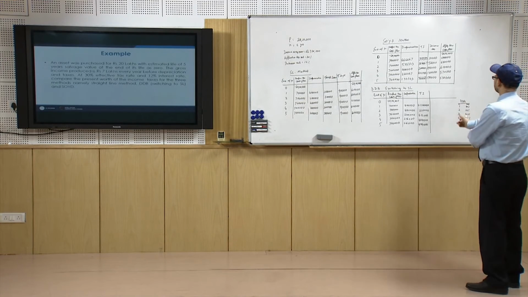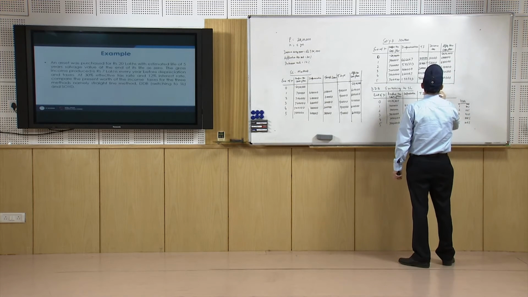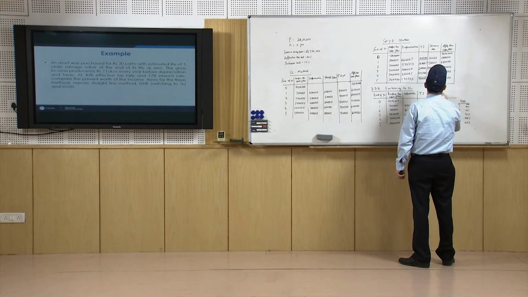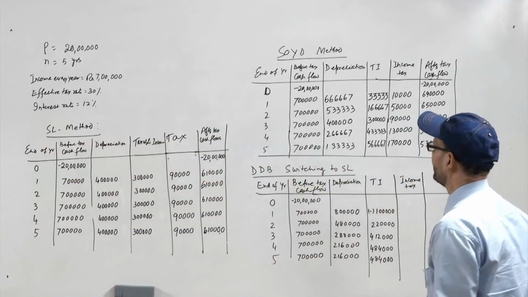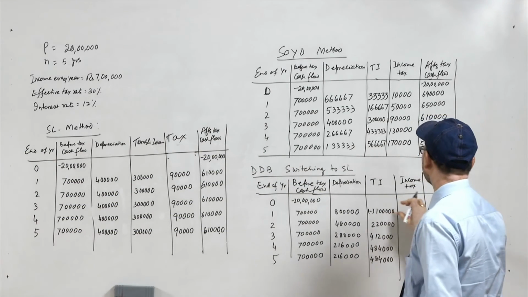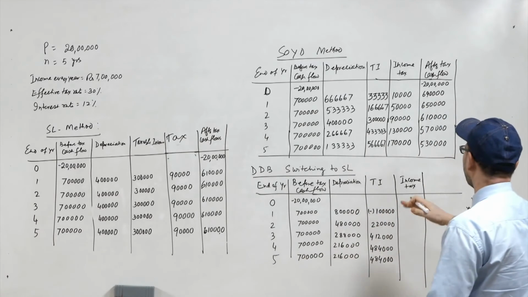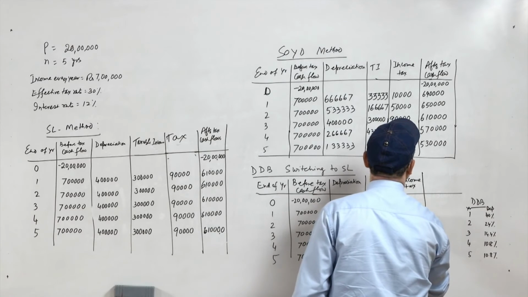So, if you look at the income tax, in this case you will have income tax saving, and if you take the tax rate as 30%, if you take the same data, we have a tax saving of 30,000.